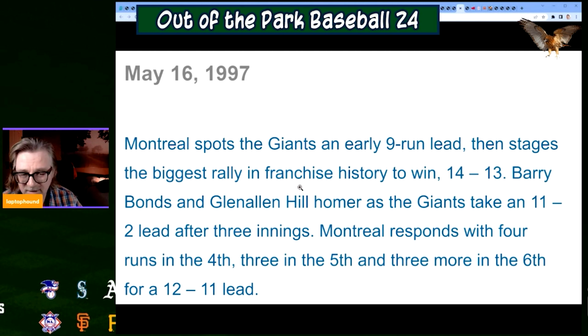Those Montreal Expos would rally back and win the game 14-13. Barry Bonds and Glenn Allen Hill homer as the Giants would take an 11-2 lead after 3 innings, but Montreal, those Canadian Expos, would score 4 in the 4th, 3 in the 5th, 3 in the 6th, and take a 12-11 lead. So Montreal, their biggest rally in franchise history over the San Francisco Giants.